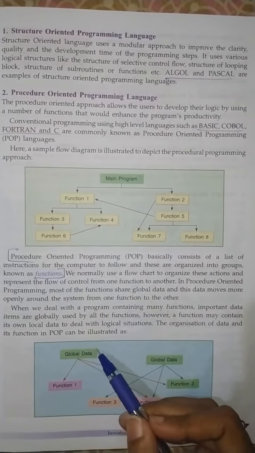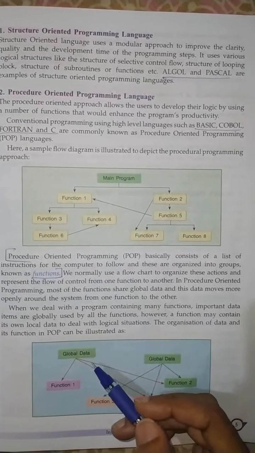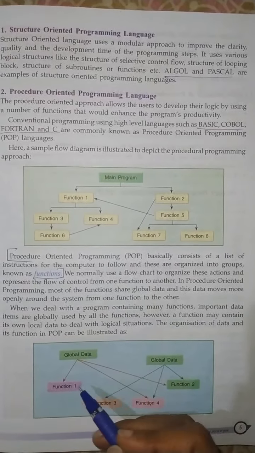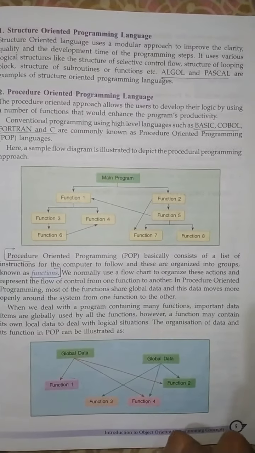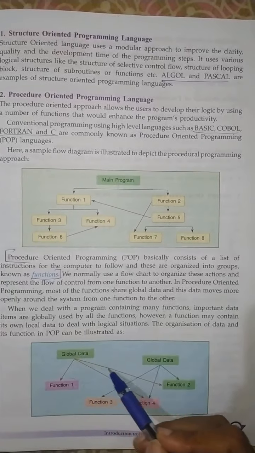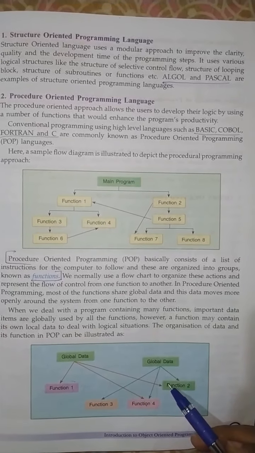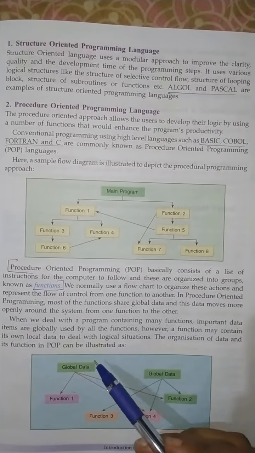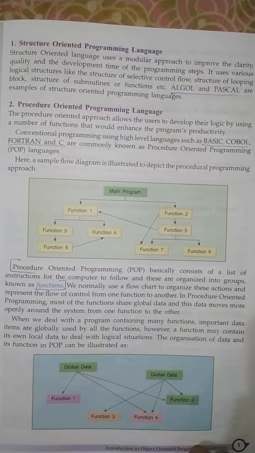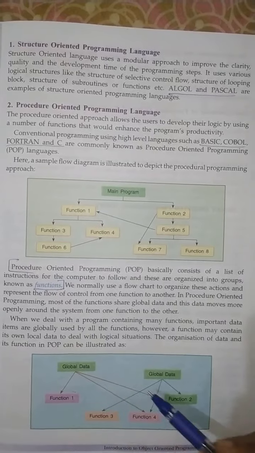So if you are taking some data, for example, 2 numbers, and in this function you want to execute the sum of the 2 numbers, execute it. And using the same data you want to execute another function, subtraction, another function, multiplication. So using the same data we are doing different functions here.